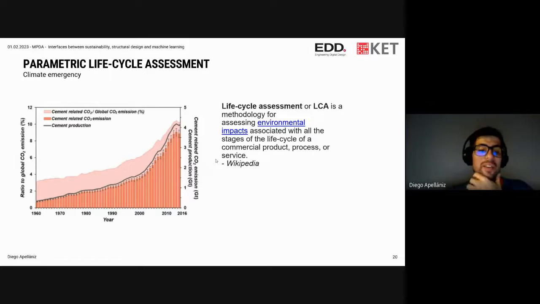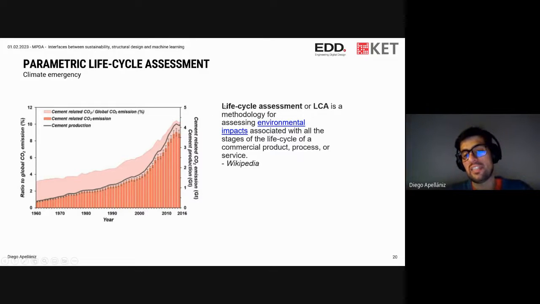Our temperatures have been rising exponentially in the past years, so it's clear that we need a strategy to fight against that. Furthermore, the construction industry is responsible for 38% of these CO2 emissions.